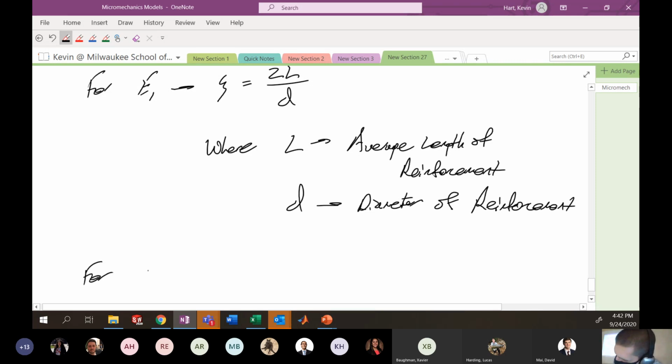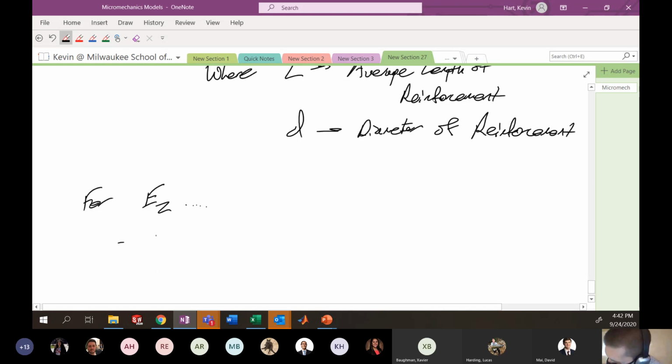Now, if you're looking at calculating E2, the response of a continuous fiber composite versus the response of a short fiber composite is really going to be governed by concentrations of stress around the fiber. So let's make a note of that.